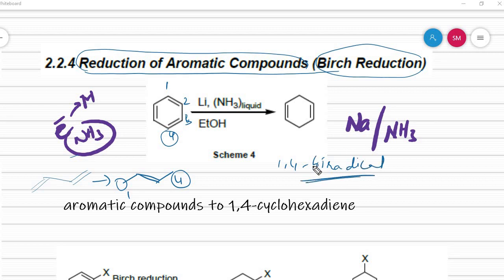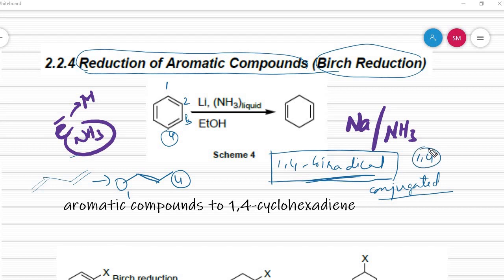One common thing in this reagent system is that 1,4 biradicals form if the double bonds or carbonyls are in conjugation. Wherever the radical is forming, it is going to abstract a proton and convert into the hydrogenated form.